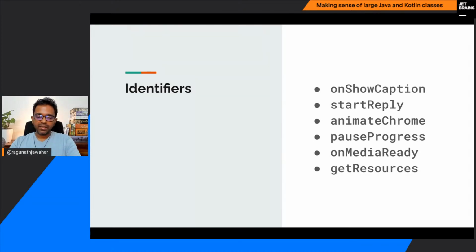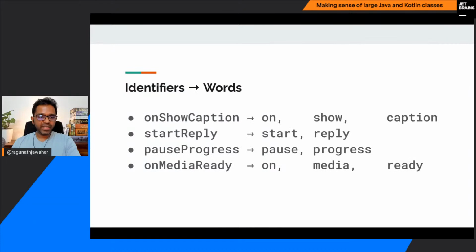But even then, what I want you to pay attention to is the camel casing. When you have camel casing, you know these are very different words, and if you're working on a problem domain, you are supposed to use some of these words more frequently than others. So we take those identifiers and convert them into words. We take a bunch of identifiers and say, okay, this is camel case or this is snake case, regardless, we just break them down and treat the words separately.